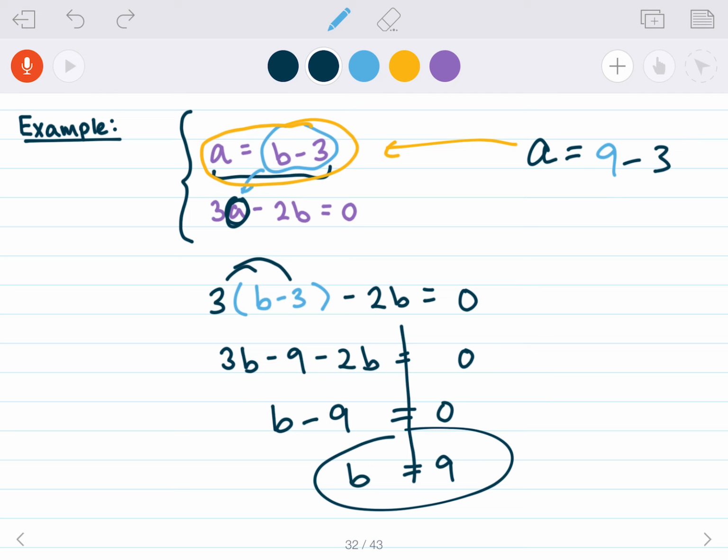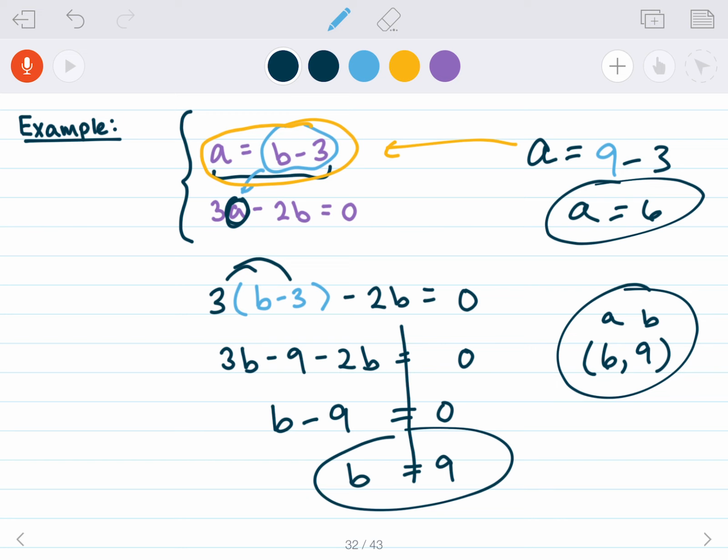So a has to be 6. And that's my answer here. a equals 6, b equals 9. As an ordered pair, since there's not really a convention with a's and b's, I would just do it 6, 9 because a comes before b in the alphabet.